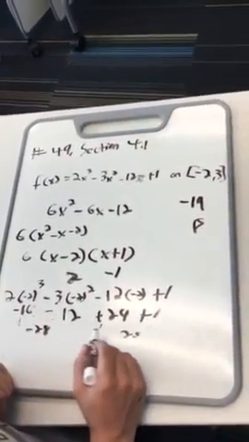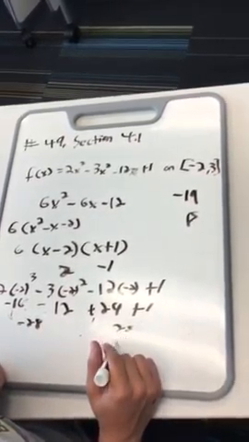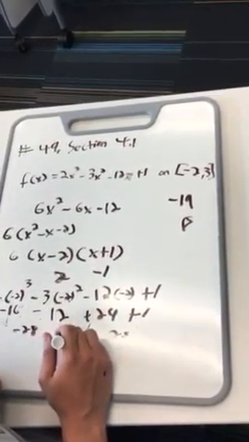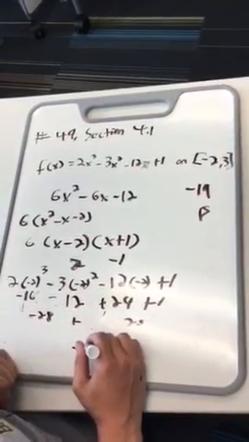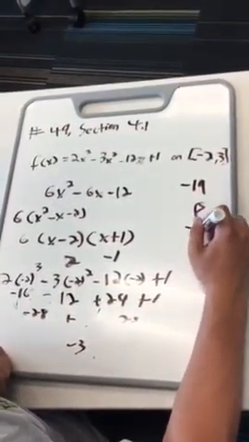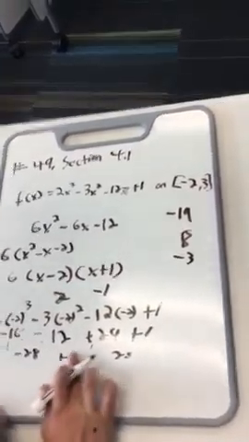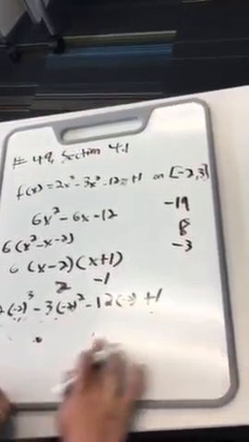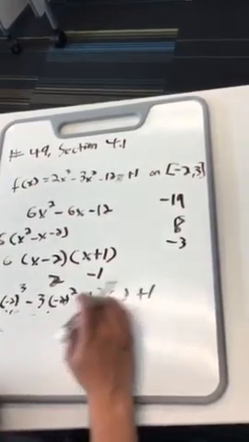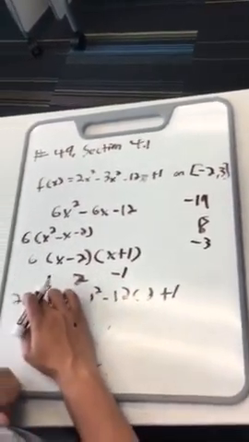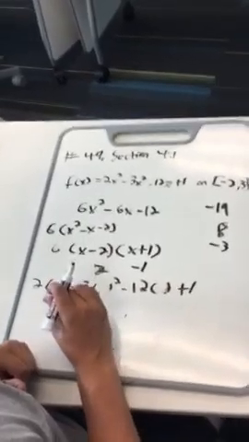And we would get negative 28 plus 25, which would be negative 3. Okay, so that is almost our last value. We just have to test one more number to see what our absolute maximum and minimum are. So we just erase these quickly, and we plug in our last number, which is 3.